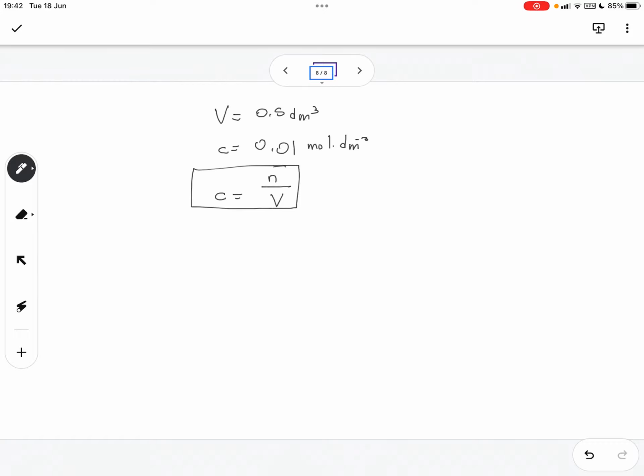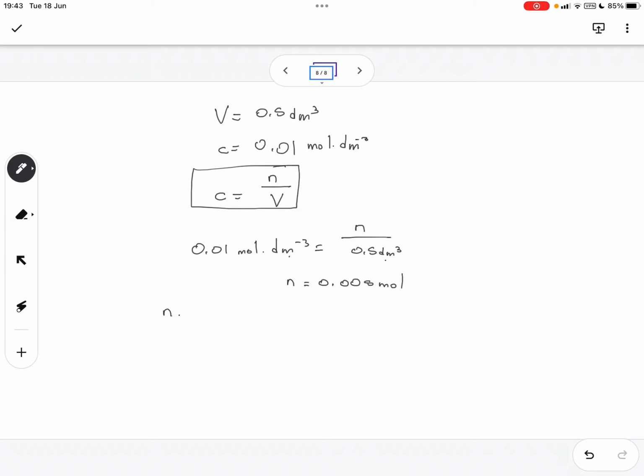This is a formula we're given. So 0.01 mole per dm cubed equals the number of moles, which we don't know, over the volume, 0.5 dm cubed. These are multiplicative inverses, they result in 1. We take 0.5 and multiply it by 0.01. Then the number of moles becomes 0.005 moles of sodium chloride.